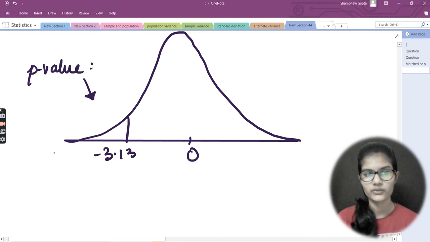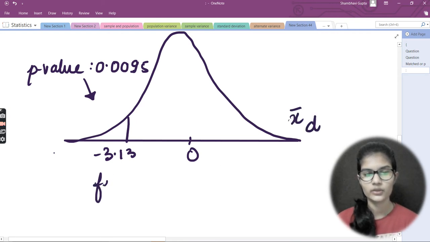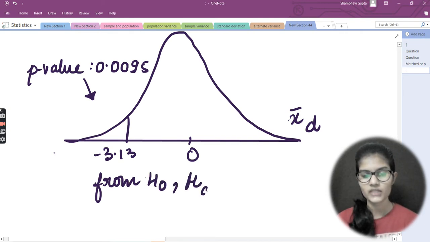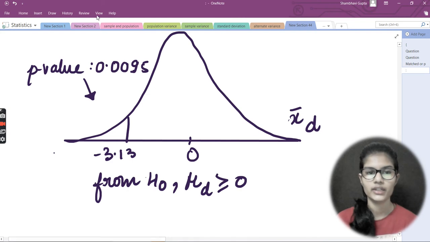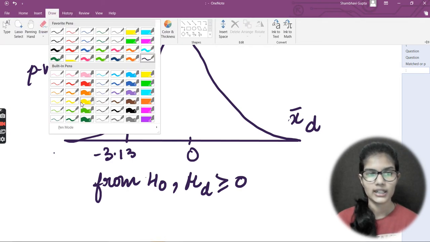The p-value which we found was 0.0095. In between it's 0. On the other side, that is x bar d, and here we could write that from H naught, mu d is greater than or equal to 0, right? And I could highlight this other part which we have right here.